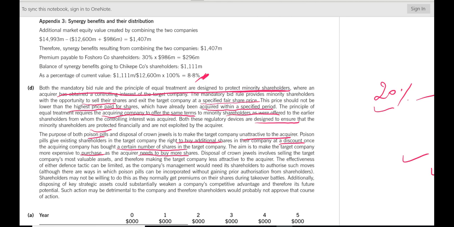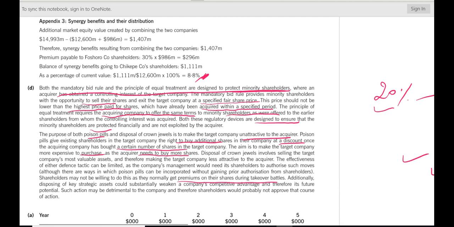The effectiveness of these defense tactics can be limited, as the company management would need to get shareholder approval. Shareholders may not be willing to do this, as they normally get premiums on their shares during takeover battles. Additionally, disposal of key assets could substantially weaken a company's competitive edge, and therefore its future potential.